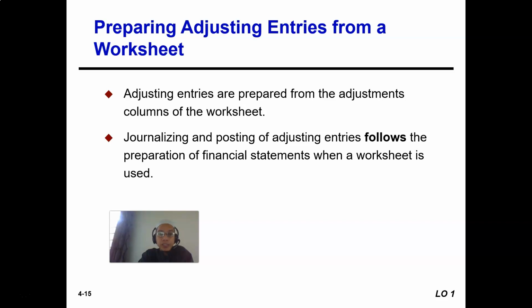Previously, or conventionally, if we don't use a worksheet, the flow of the work is that after we have prepared our accounts for all of our transactions, we prepare our trial balance, and after preparing the trial balance, we need to do the adjustments and update all of the accounts by performing the adjusting journal entries.